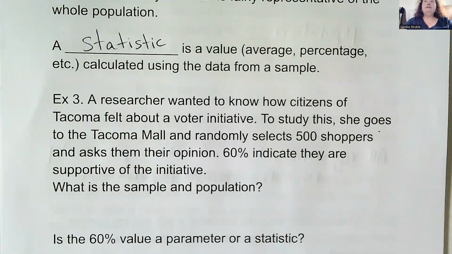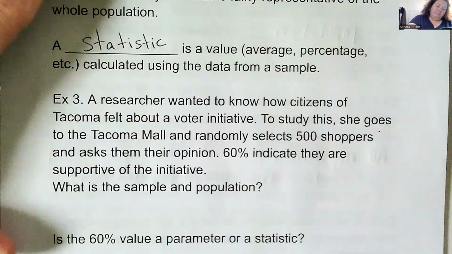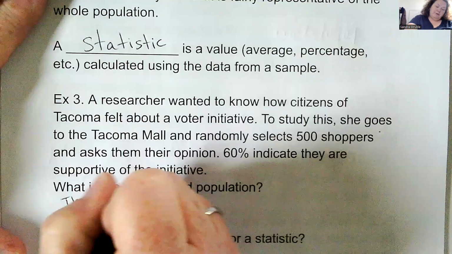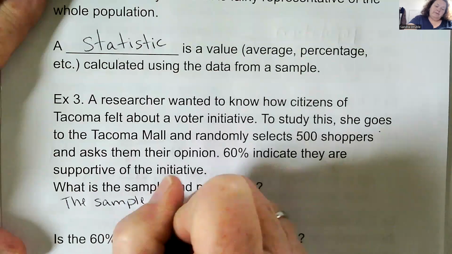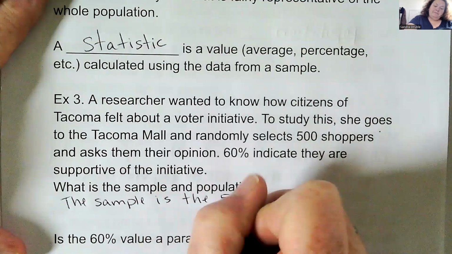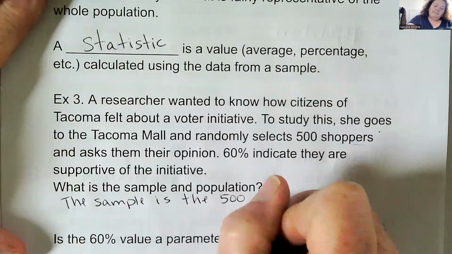Now, sometimes it's easier to find the sample than it is the population. Especially if that sample is not necessarily representative. But let's think about this. All right, so the sample, I'm going to answer that first. The sample is the 500 people, 500 shoppers.